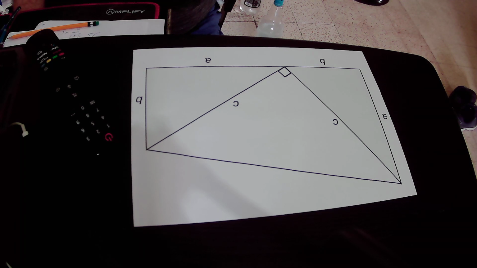Therefore, we have here two triangles that are equal in two sides, and also the angle between those two sides is equal in these two triangles. It is 90 degrees in both triangles. Therefore, those triangles coincide with each other.